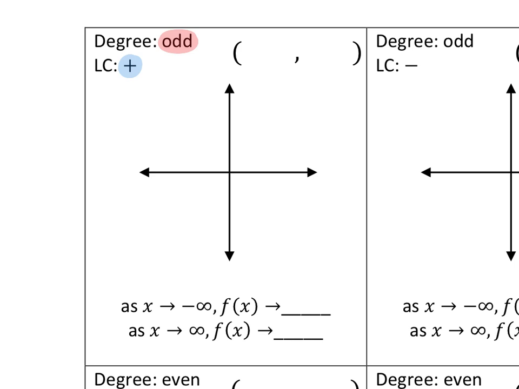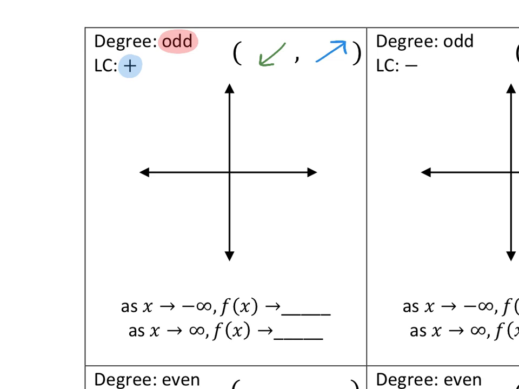So my arrows for this graph will go opposite directions. They should not be going the same direction. And because it's positive, the leading coefficient tells me about the right side. The right side arrow should be going up because the leading coefficient is positive. And since it's odd, the left side arrow should be going down because they have to go opposites.